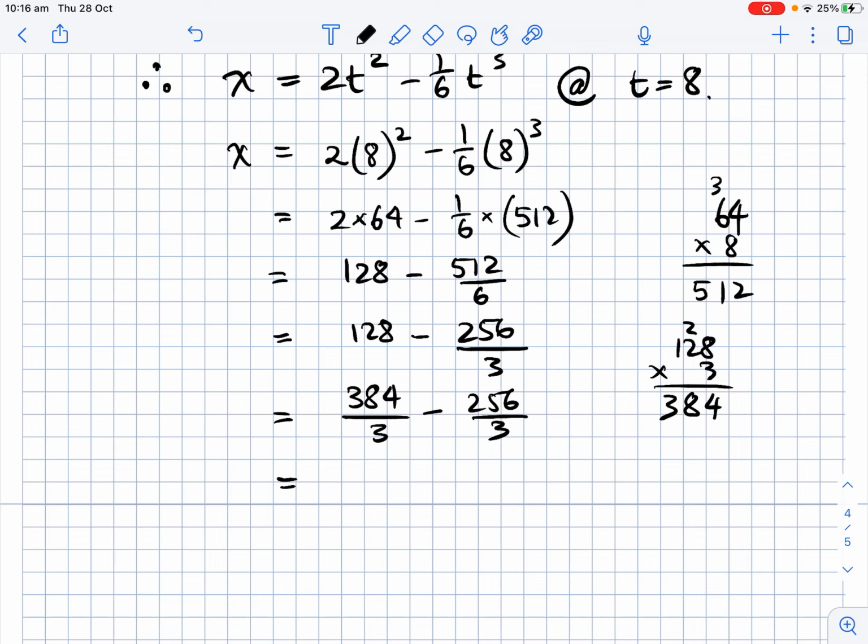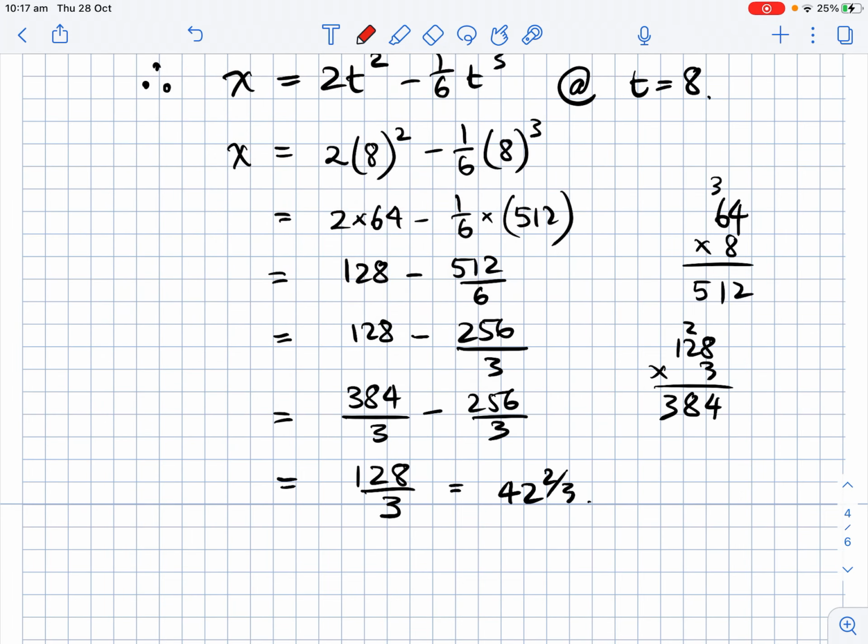A little bit annoying with these fractions, but we can do this. 384 subtract 256 is 128 on 3. Hopefully I did that correctly. Probably worth checking with your calculator. But no, I reckon that's pretty good. 42 2/3. Quite sure that was the answer.